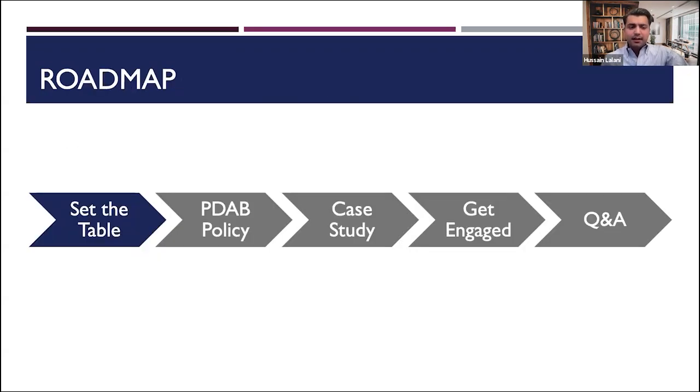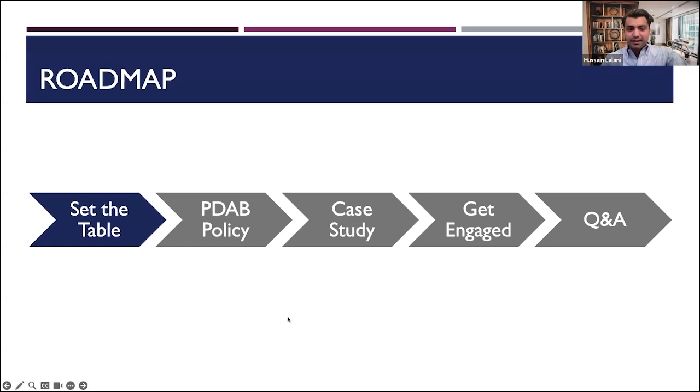So today, I want to walk you through a few key elements of prescription drug affordability boards and have plenty of time to answer your questions. So this is the roadmap for today's talk. First, we're going to set the table, give you a little bit of background, then talk a little bit more about what prescription drug affordability boards, or PDABs, are, and the policy.